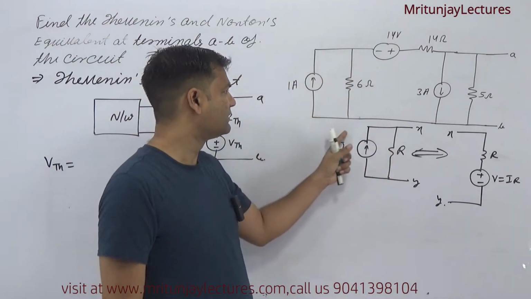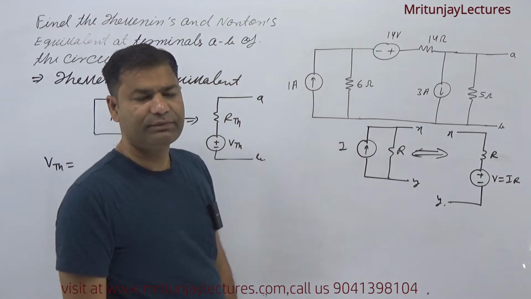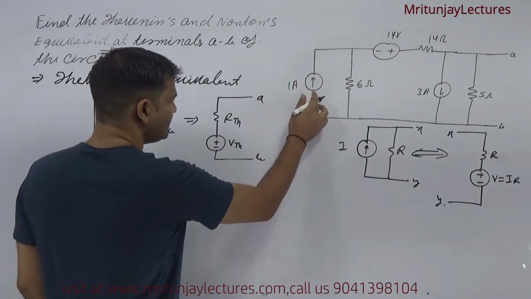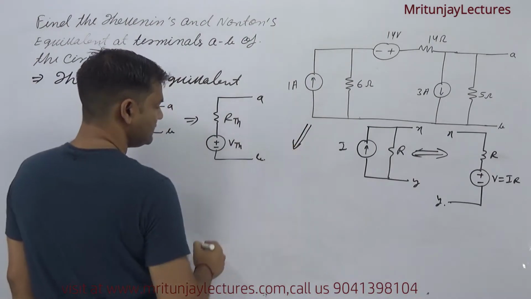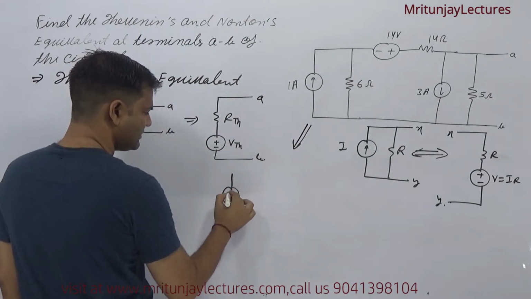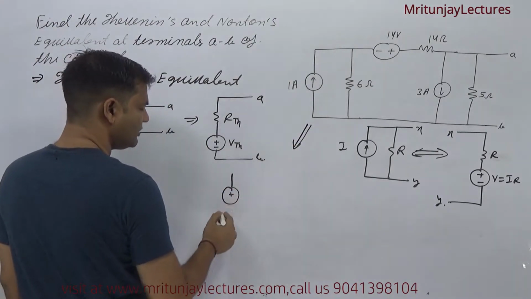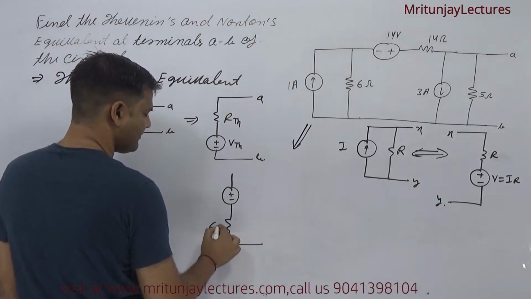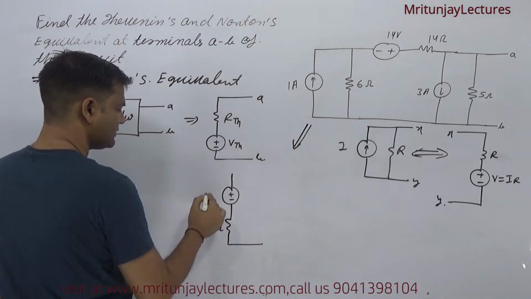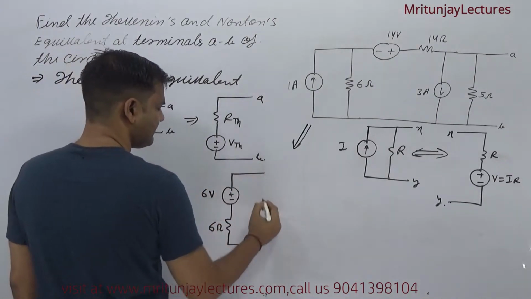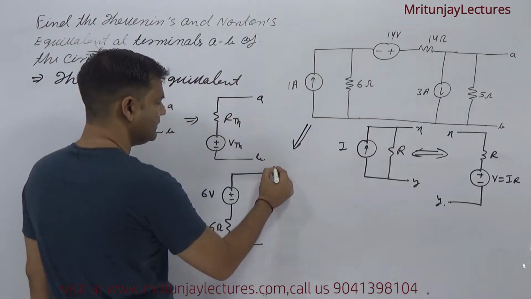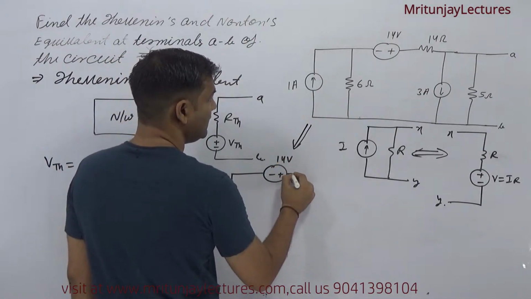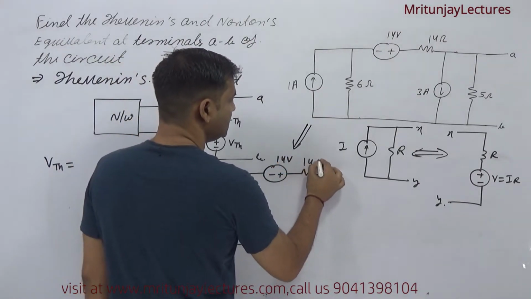If you apply it here, then we convert it. First of all, remove the circuit. The direction of current is upward, so plus minus, and the resistance is 6 ohm, and 1 into 6 is 6 volt. Then minus plus, that is 14 volt, and here 14 ohm.